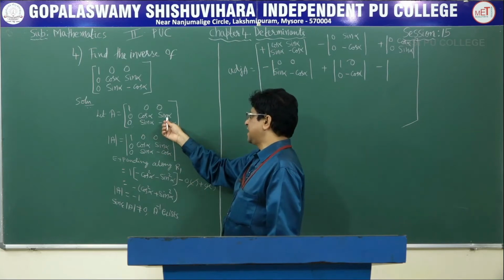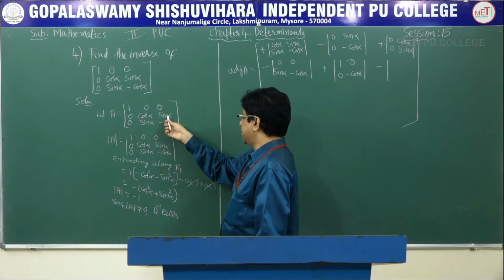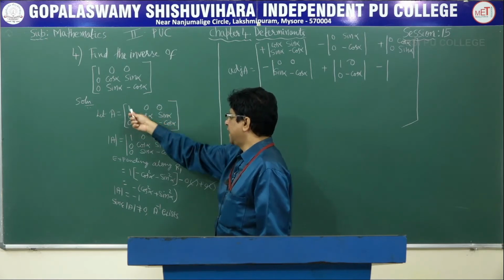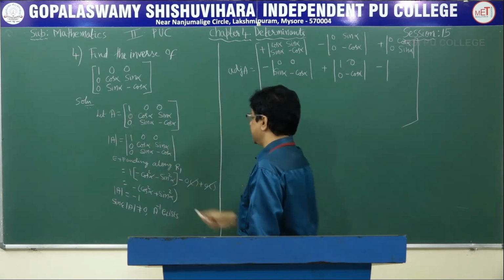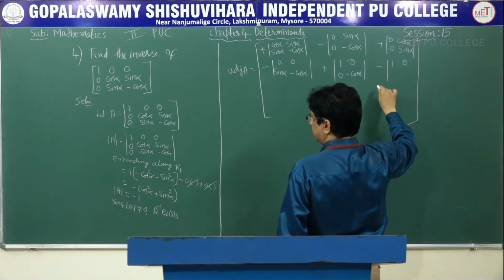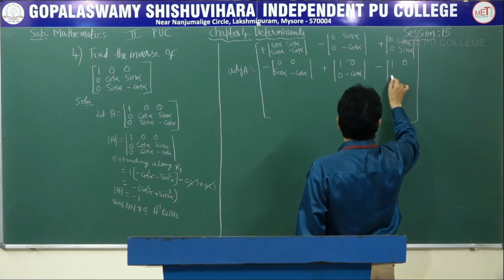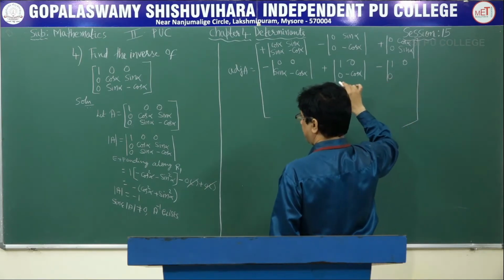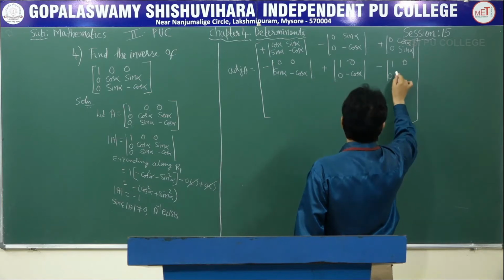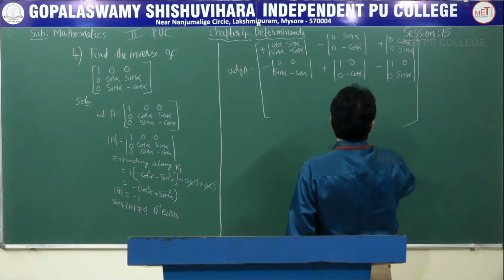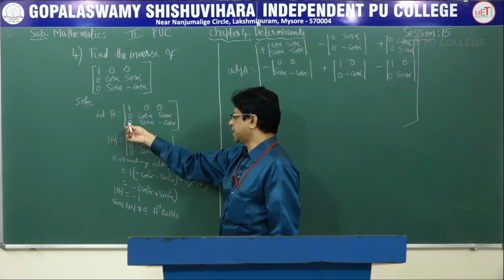So sin alpha lies in the second row, third column. We eliminate the second row and third column and take the determinant of the remaining elements: 1, 0, 0, sin alpha.